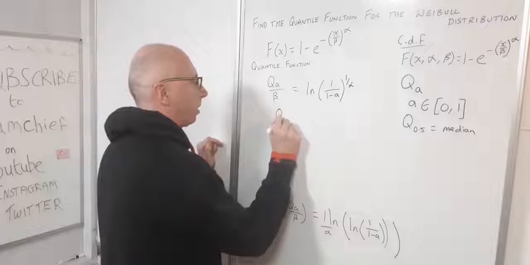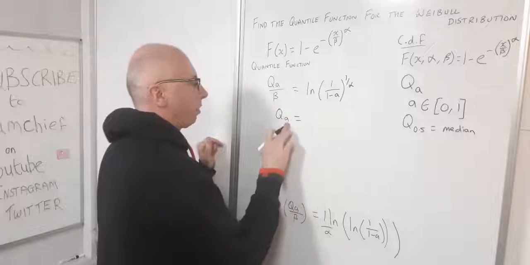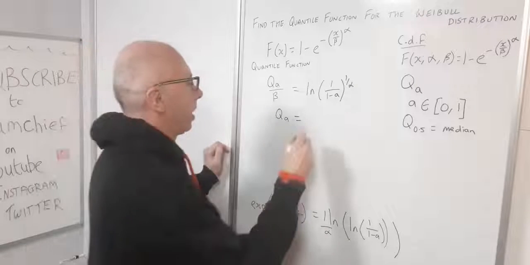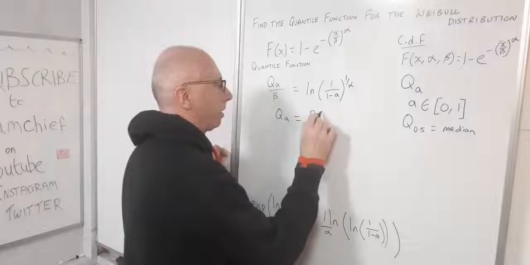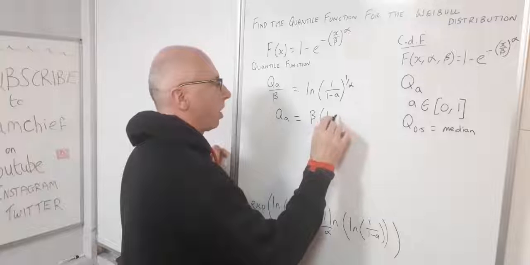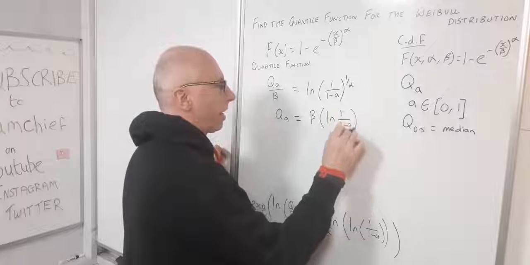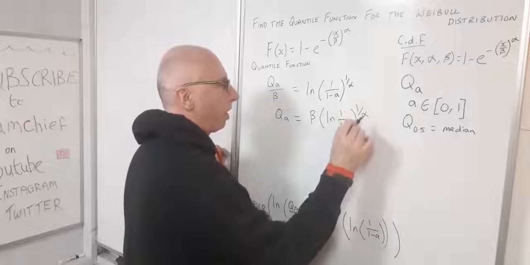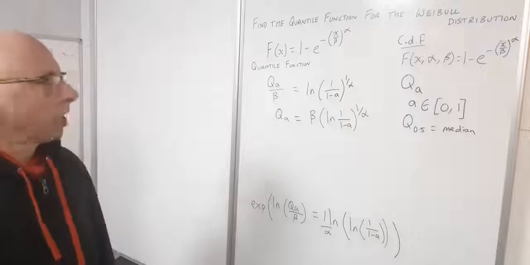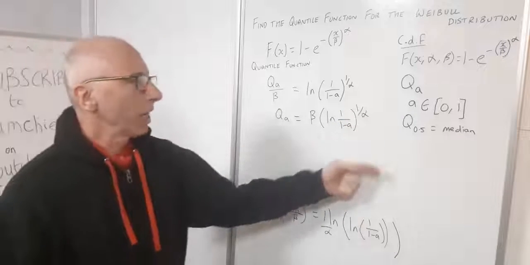So now my quantile function with parameter A is beta times the natural log of 1 over 1 minus A, all to the power of 1 over alpha. So that's the quantile function that I need.